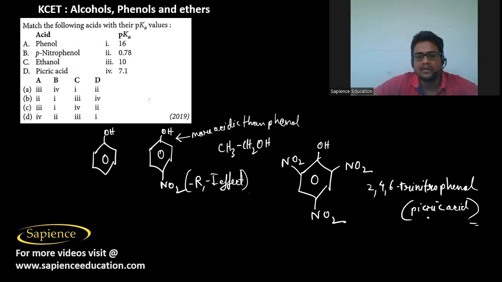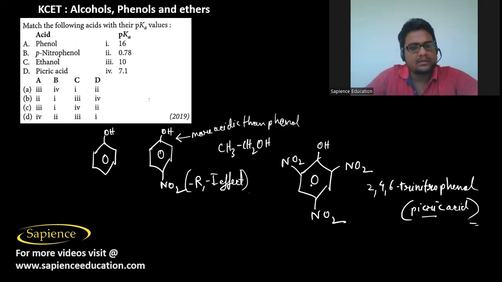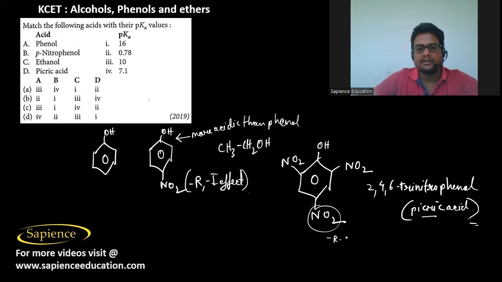Now, in case of picric acid, we have three NO2 groups, where two NO2 groups are in the ortho position, and we have one nitro in the para position. So it will have minus R effect and minus I effect. And this one is ethanol.